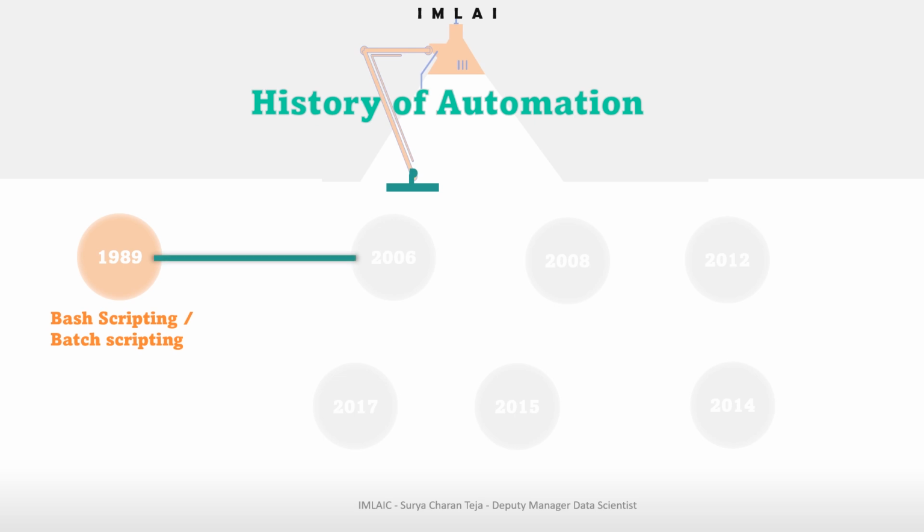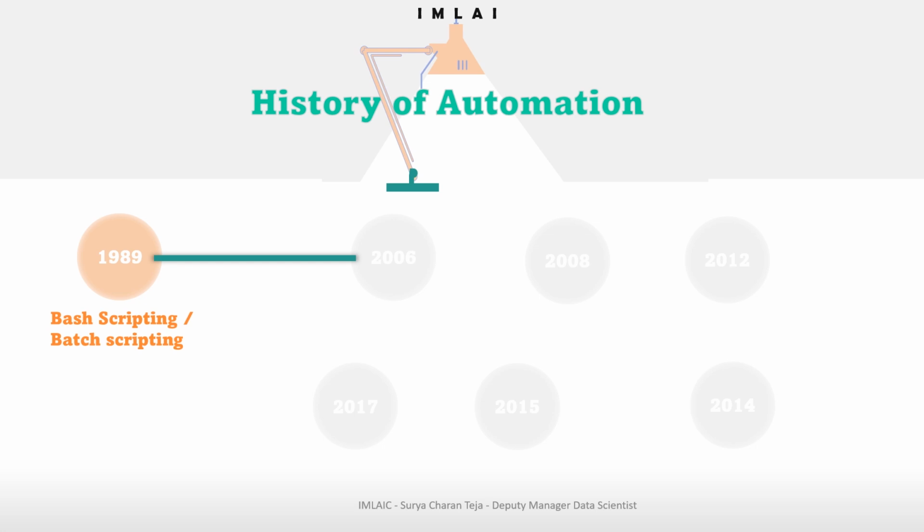So what can we do then? We started to look into new ways of doing things. So there was a need of doing other kinds of automation also.